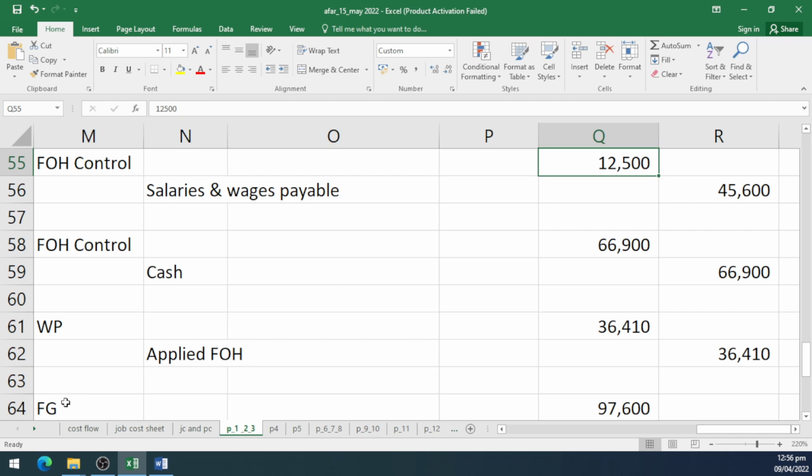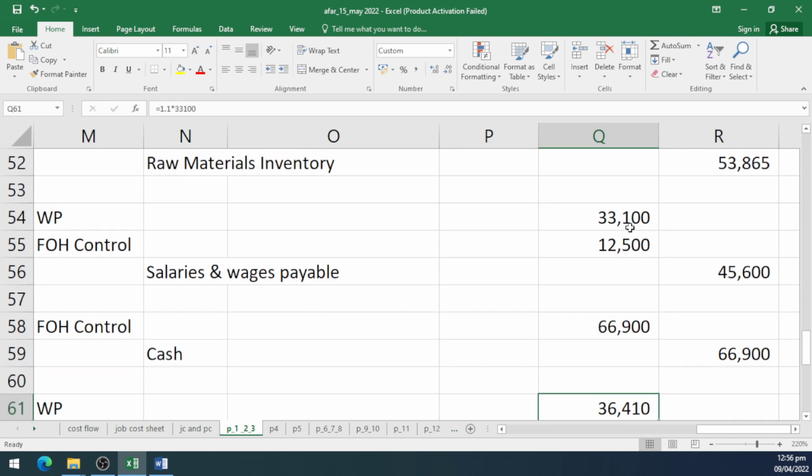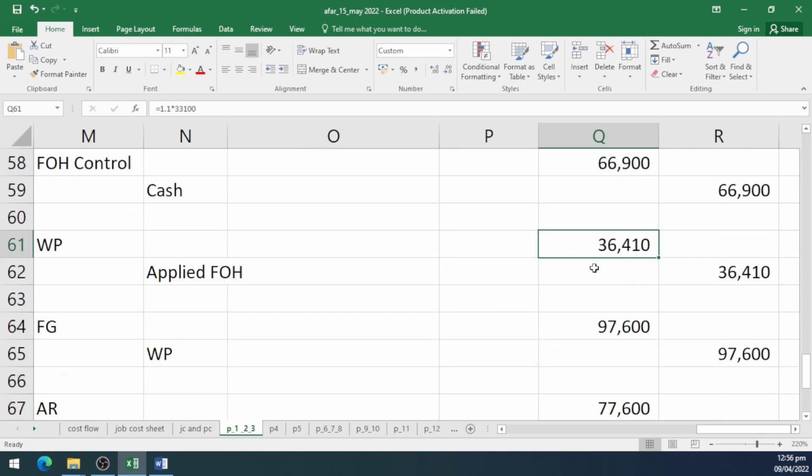Now, to record the applied overhead, yung ating rate ng overhead application is 110% of DL cost. So, ito po. Yung DL cost, kanina, no? Ito po, 33,100. So, debit to work in process and credit to applied factory overhead. Ayan, to record application ng overhead. Then, to record CGM, or cost of goods manufactured, debit finished goods, credit work in process.